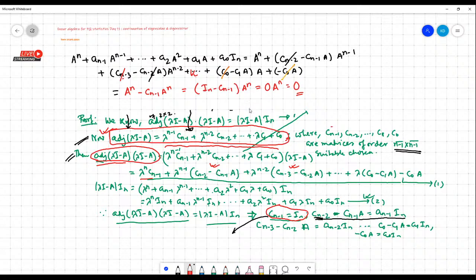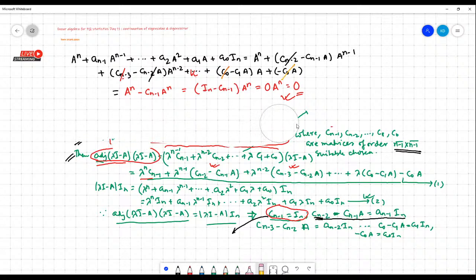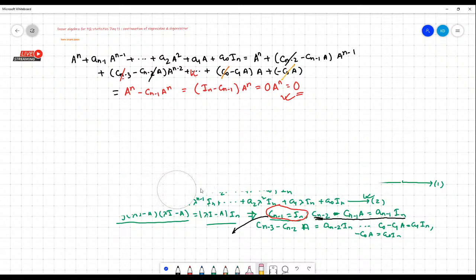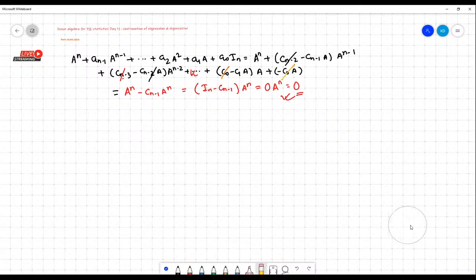Can you get the same solution or not? Okay, thank you.